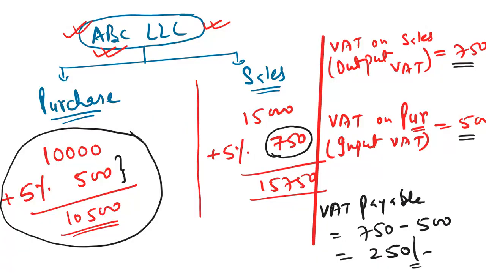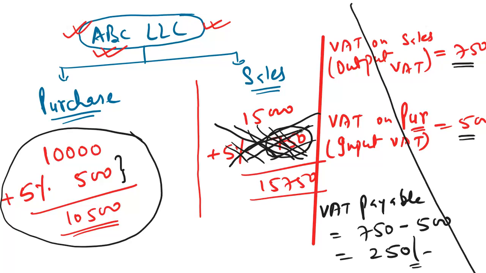Just imagine, if you are an unregistered person, can you charge this VAT? Understand carefully. Can you charge this VAT from the customer? No, you can't. You can't charge because you don't have a license. You are an unregistered person. And can you play with this particular thing? No, you can't play.